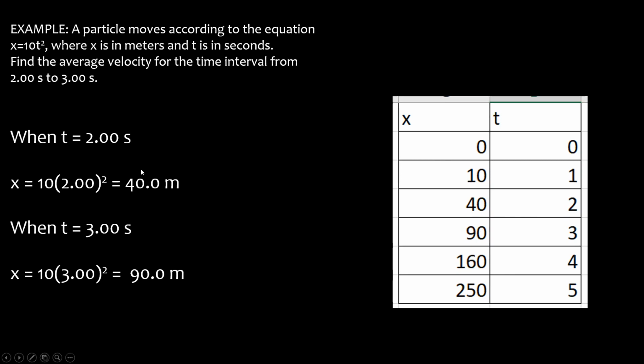When t equals 2 seconds, here on the left side of your screen, we substituted that into the formula and we got x equals 40 meters. When t equals 3 seconds, we got x equals 90 meters. So we now know that the displacement of the particle is 90 minus 40 meters.